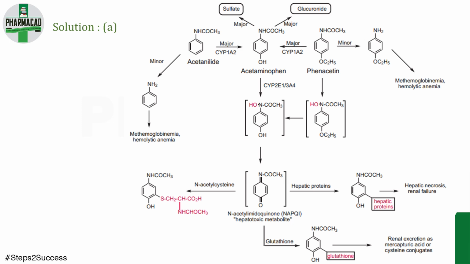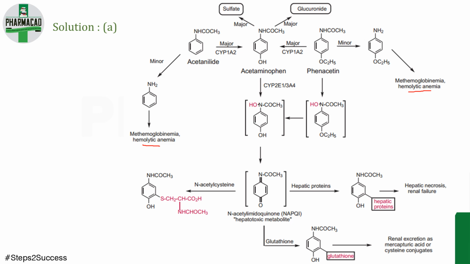So, in its minor pathway, it forms the metabolites, that is aniline and other aniline derivatives, which cause methemoglobinemia, that is hemolytic anemia. These are fairly non-toxic metabolites in order for its consumption.